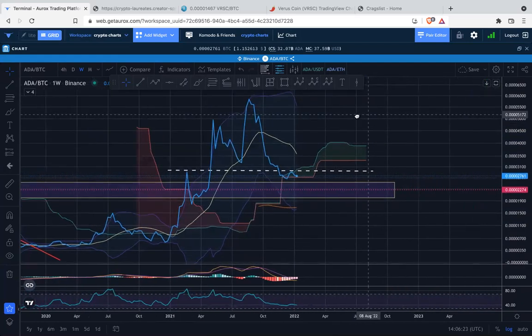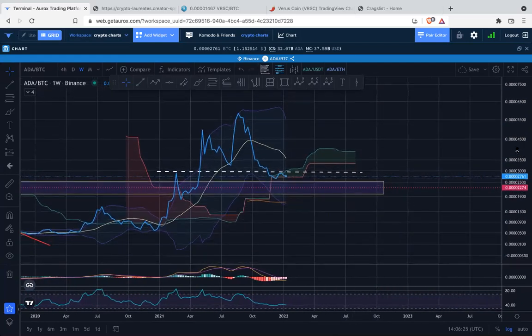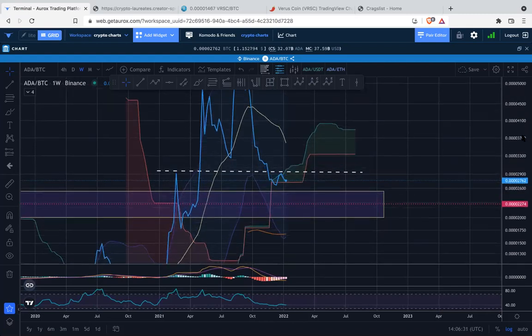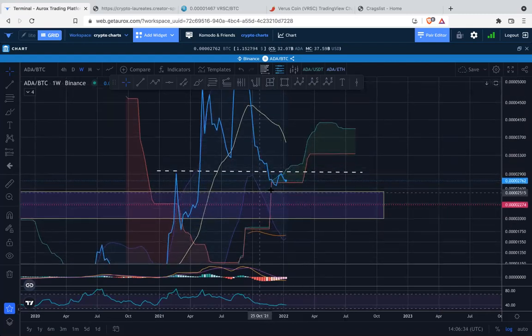And wow, the ADA price chart is really flirting with this Ichimoku Cloud right now. Never quite closed down at this box, but still, who knows? Now we still have a lower high here. We are working on a higher low. That's really what is happening.